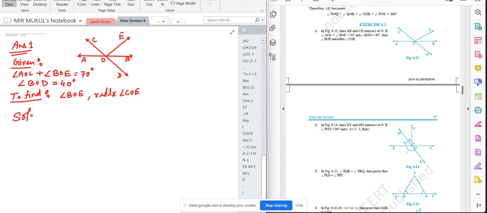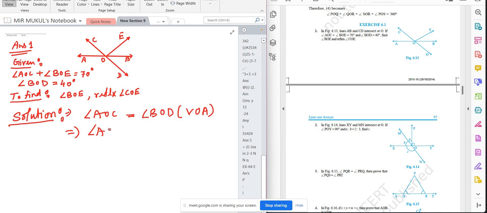Now its solution. Angle AOC equals angle BOD. Reason: vertically opposite angles. So angle AOC we are getting, BOD already we know 40 degree. Right. Again, angle AOC plus angle BOE equals how much? 70 degree.